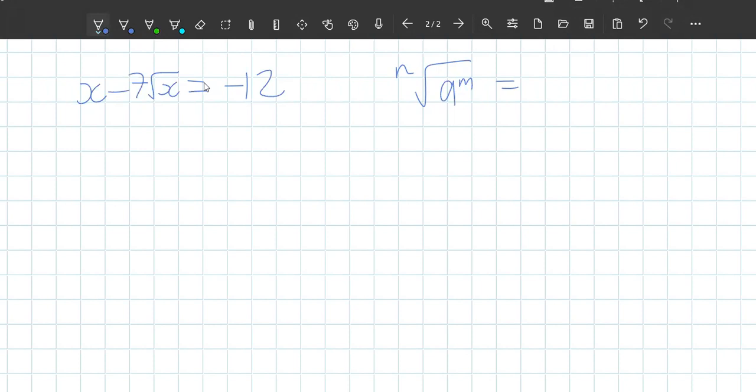The nth root of a to the power of m is equal to a to the power of m over n. So using this rule, I immediately change it to x minus 7 x to the power half, and at the same time we can plus 12 on both sides to bring 12 to the left-hand side, and we've got it equal to 0.